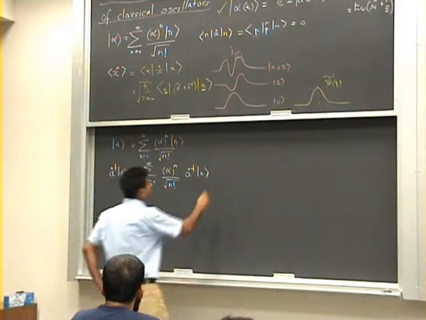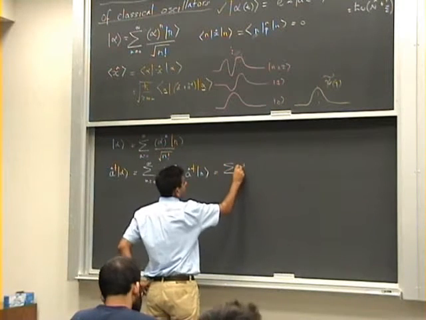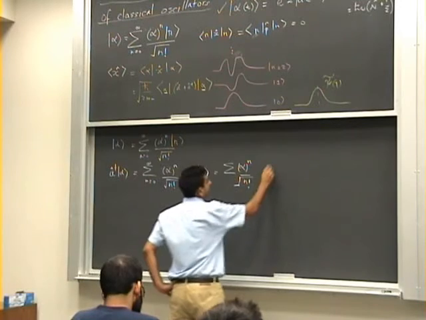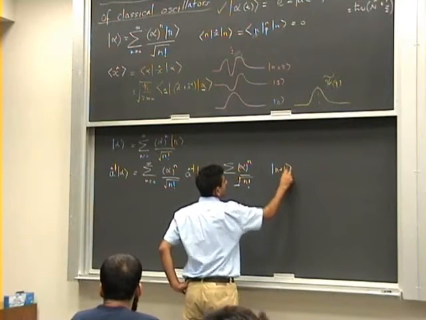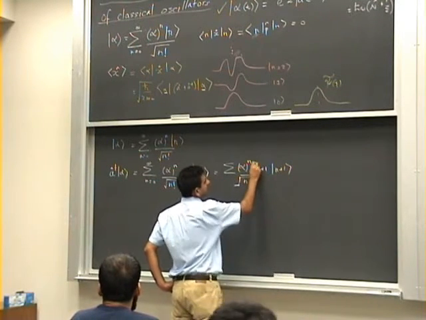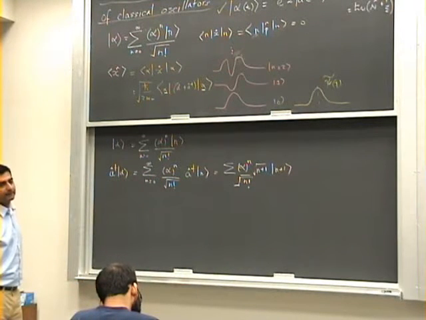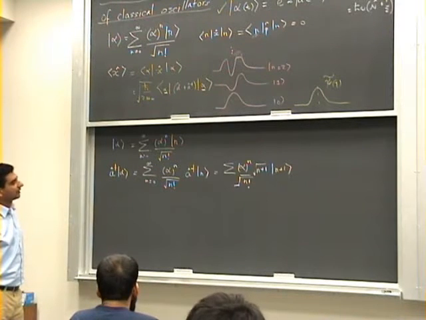Now what is the result of this raising operation? This creates ket n plus 1 times the square root of n plus 1. Correct?